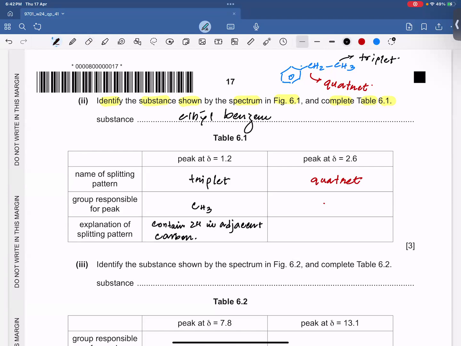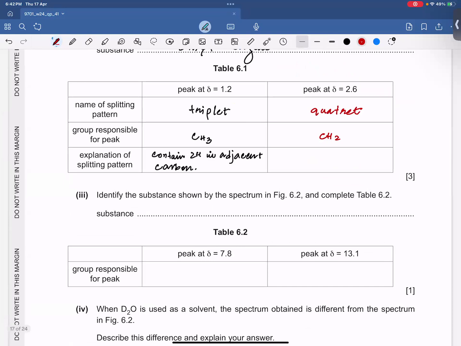CH3 is responsible for the triplet because of the neighboring CH2, and this is going to be CH2. Because 3 protons, I believe you can get the point, contain 3 protons in the adjacent carbon. Okay.